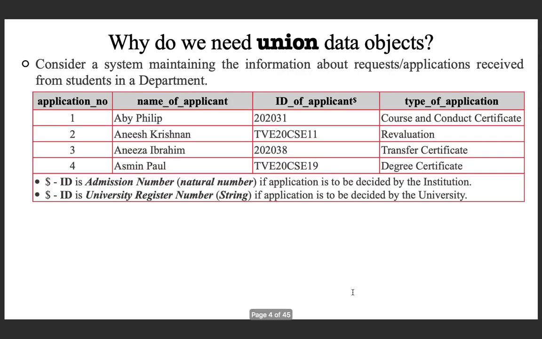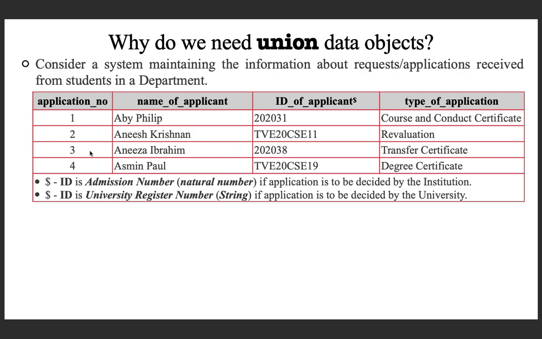For example, this could be the pending application details. The first one is application number 1 submitted by Eddie Philip with the ID of that student as 202031, and the type of application that he has submitted is for course and conduct certificate. So this means this particular application is pending with the institution.